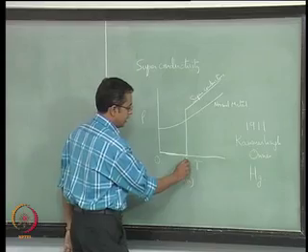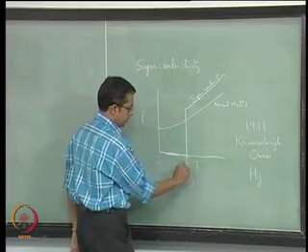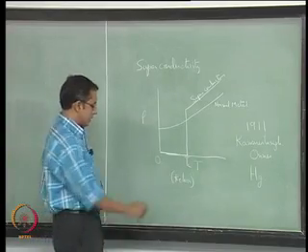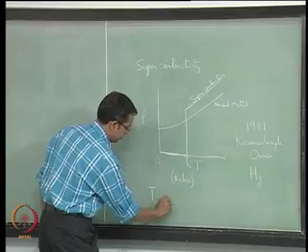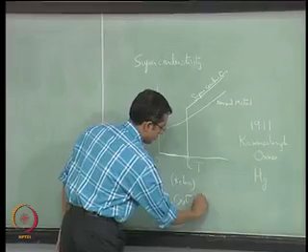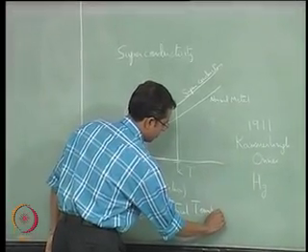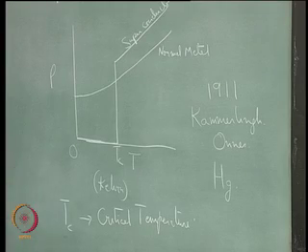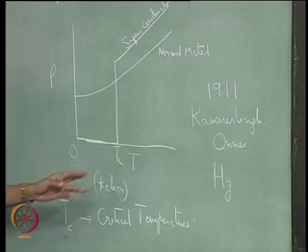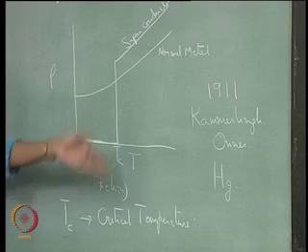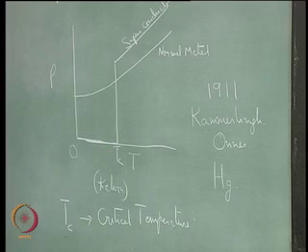This temperature is called the critical temperature, T subscript C. It represents the temperature that you have to go below to get the superconducting state, and if you are above this temperature you get normal conductivity, the material remains conducting the way you would normally see a metal conduct electricity.